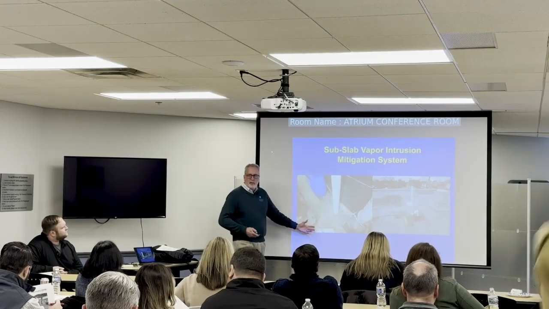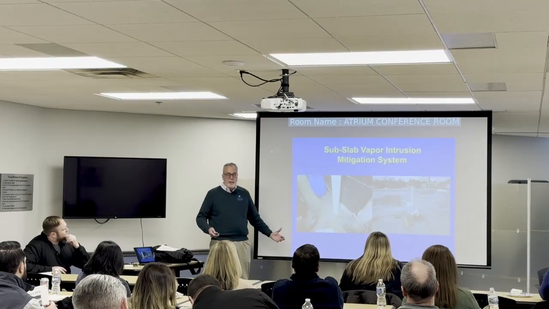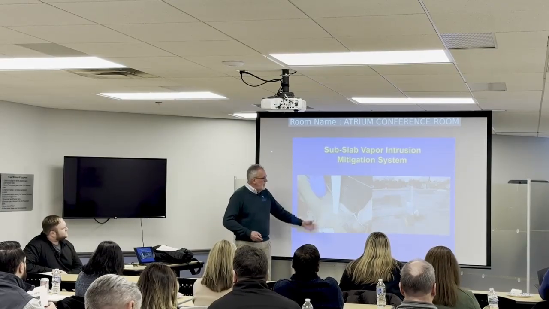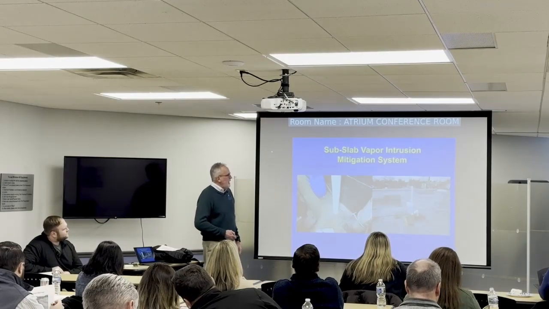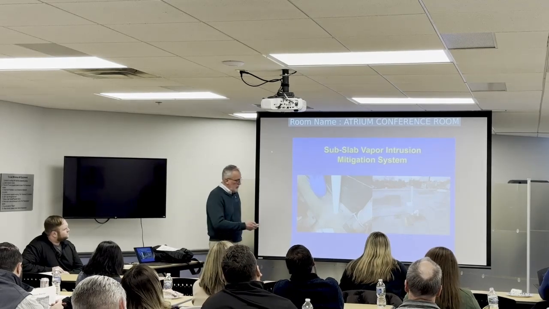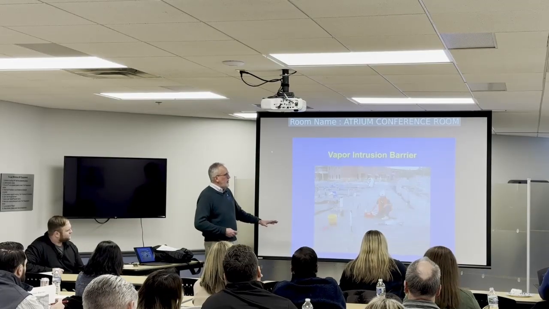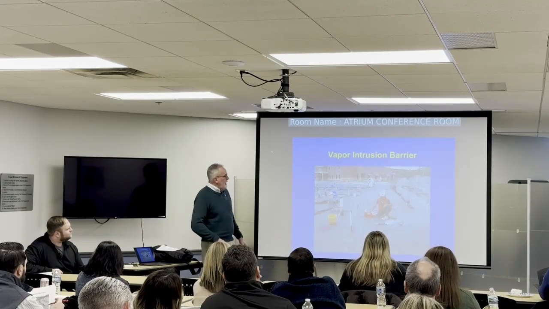Subslab mitigation system, kind of like a radon system, but it's designed for hazardous contaminants, typically some dry cleaning site, and we use that to get negative pressure under the floor slab, like a radon system. And then this is a vapor intrusion barrier, typically placed before you place the slabs.